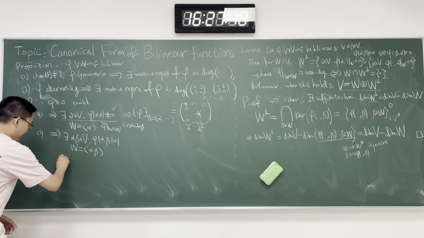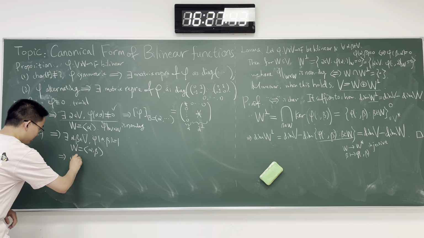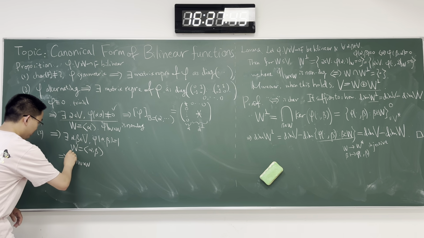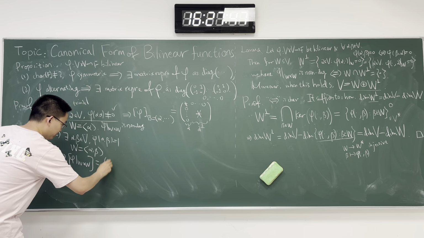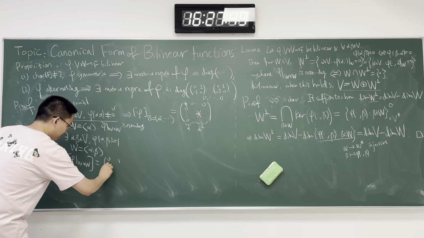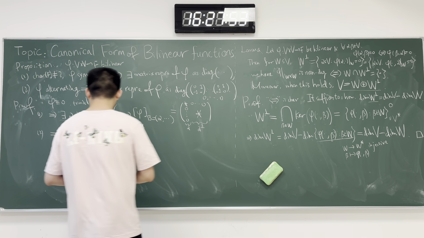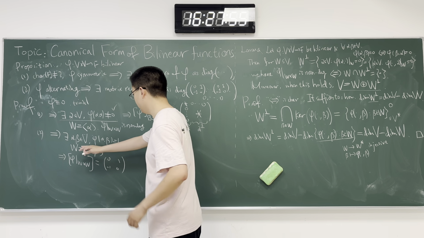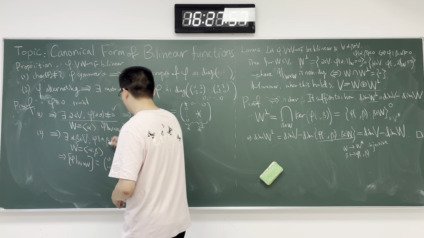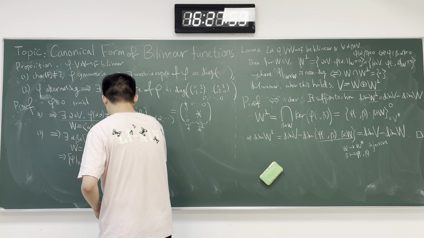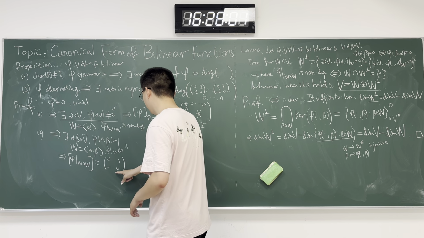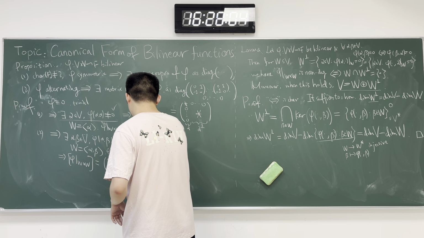So we will have the representation of phi of this form: 0, 1, minus 1, 0. Again, when restricted to this subspace, phi is non-degenerate, since the determinant of this matrix is non-zero.